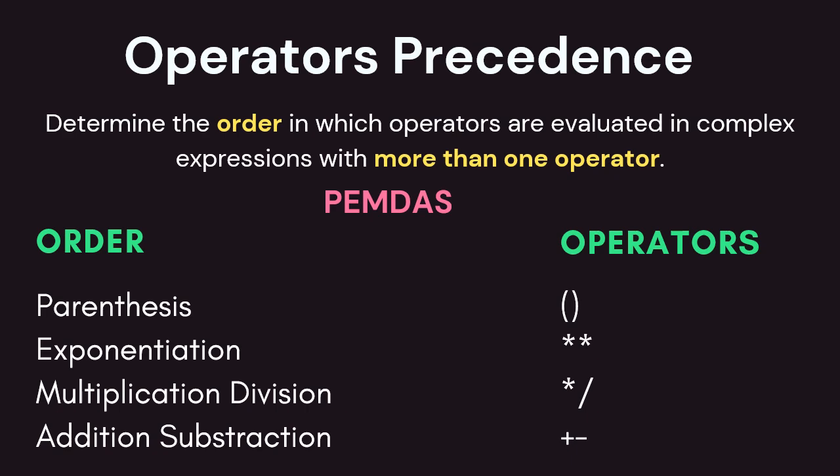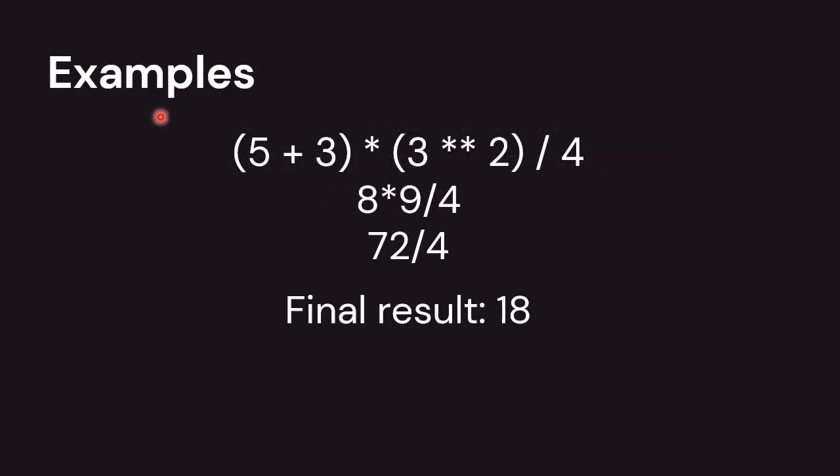Now we are going to look at some examples for getting some clarity on operator precedence. Since we have parentheses first, we'll be evaluating these two expressions first, which is 5 plus 3 is 8, and 3 exponent 2 is 9.